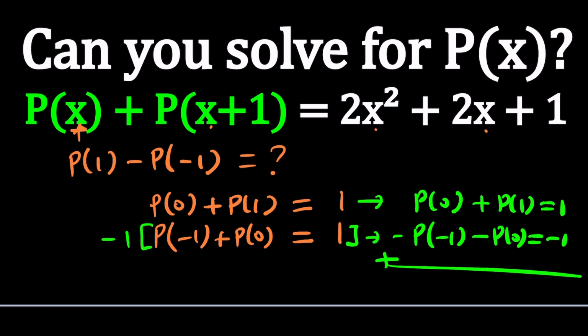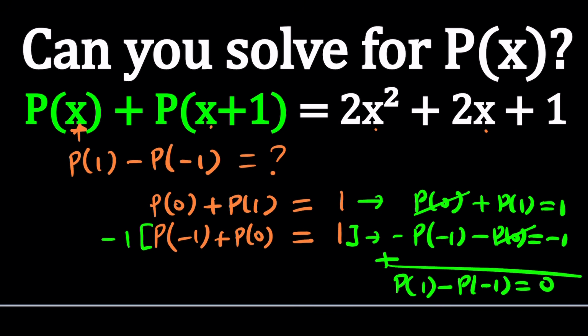What's going to happen? P of 0 is going to cancel out, and you're going to end up with p of 1 minus p of negative 1 equals 0. What is that supposed to mean? It just means that p of 1 equals p of negative 1, which we don't really care about, okay?